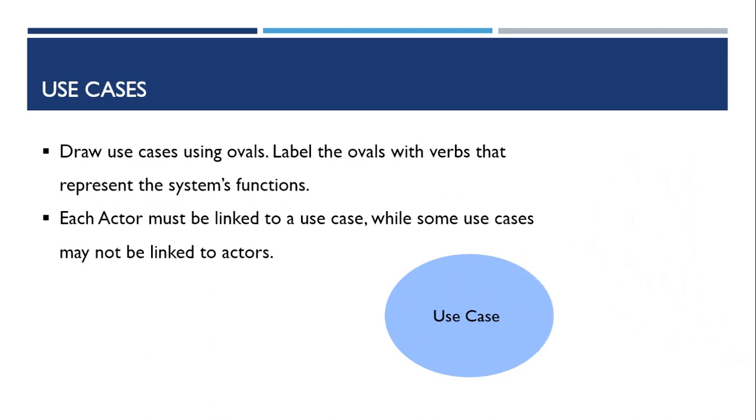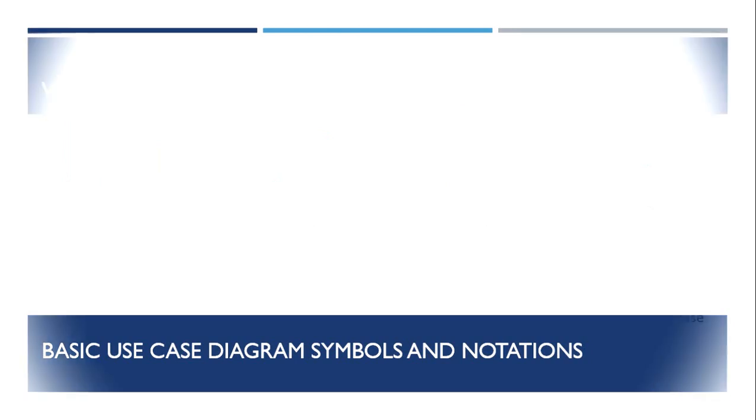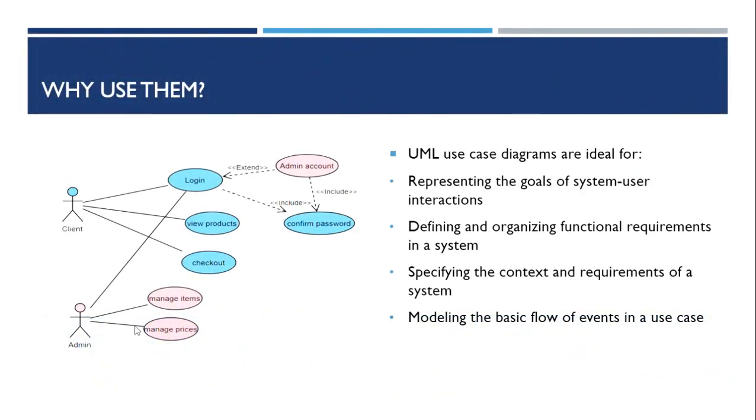The next is use cases. The use cases are drawn using ovals, or we can say ellipses. We label these ovals with the verbs that represent the system's functions. So whatever functionality our system has is written inside the use case in the form of verbs. For example, in the previous diagram you saw some use cases like login, view products, checkout.